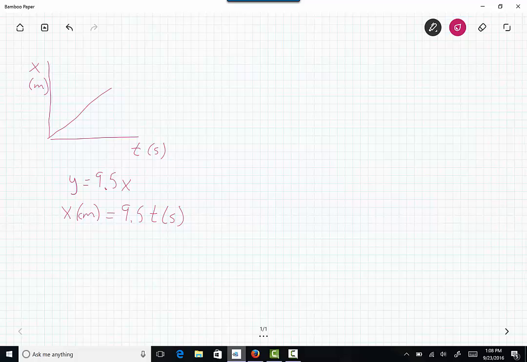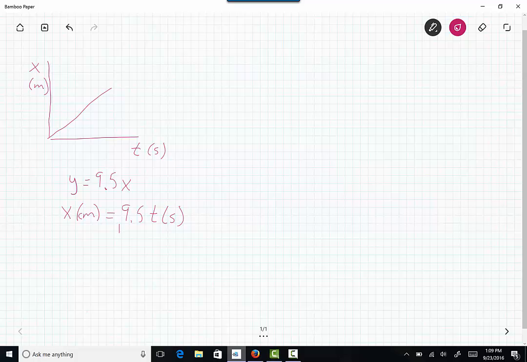Which means that if we know that we've gone 1 second, then we should be 9.5 centimeters from the origin.